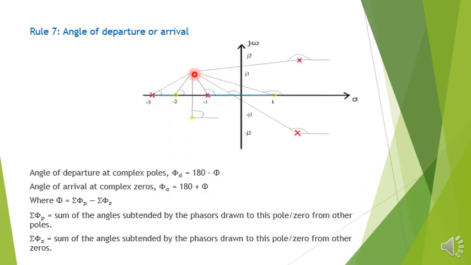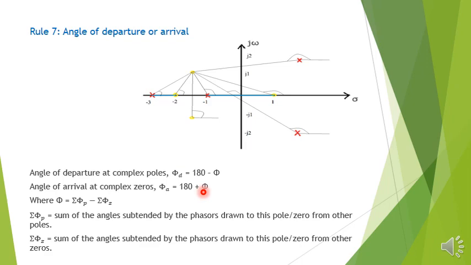Similarly, for the angle of arrival for a particular complex zero, phasors can be drawn from all the other poles and zeros; the sum of the angles from the poles gives sigma phi p, and the sum of the angles made by the zeros gives sigma phi z. So sigma phi p minus sigma phi z gives phi, and if it is a complex pole, the angle of departure is equal to 180 minus phi, and if it is a complex zero, the angle of arrival is equal to 180 plus phi.